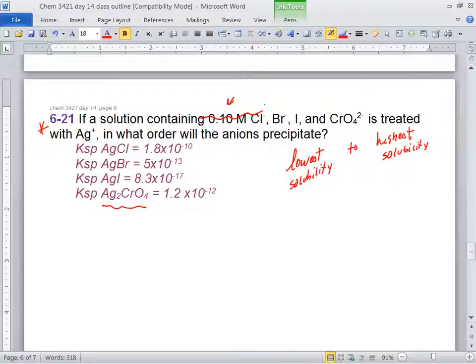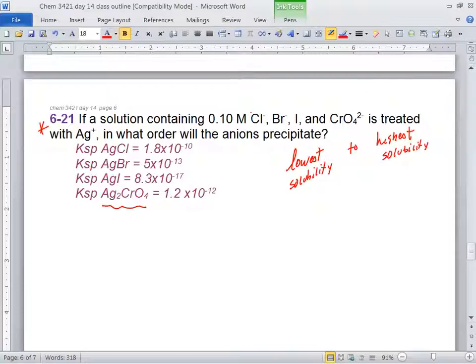Right? So we're not supposed to do the whole 0.10 molar thing. We're supposed to ignore that. Well, you can use it, but then it's like what Kimberly said. If you use it, you definitely have to set up an ICE table because now you're doing the common ion effect. But if you want to calculate it as a common ion effect problem, or if you want to calculate a straight solubility, either way you're going to have to calculate solubility, x in ICE.